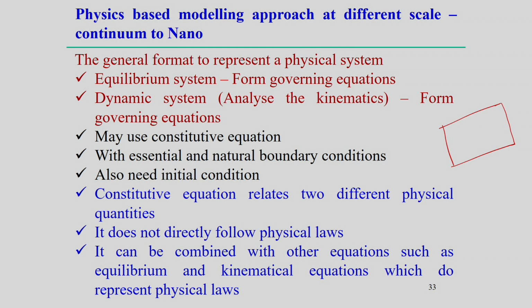And once we represent either an equilibrium system or a dynamic system in the form of a governing equation, to represent certain phenomena there may be the possibility of using a constitutive equation or constitutive relation.